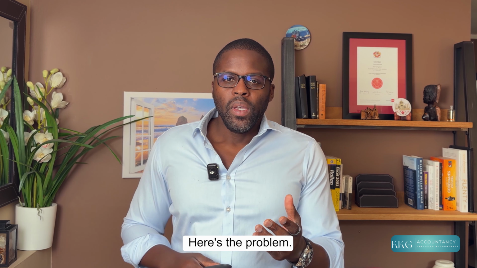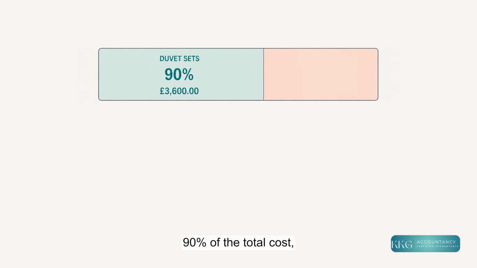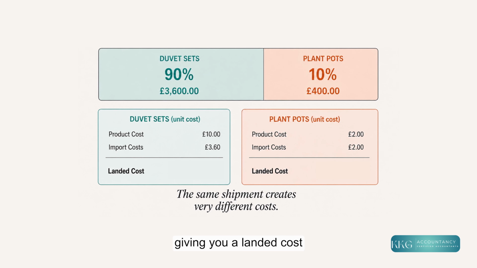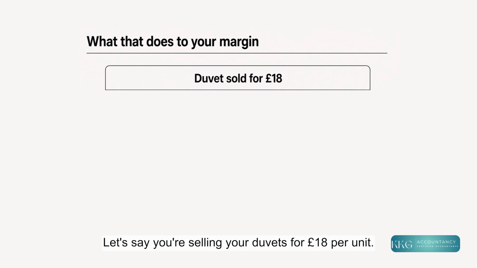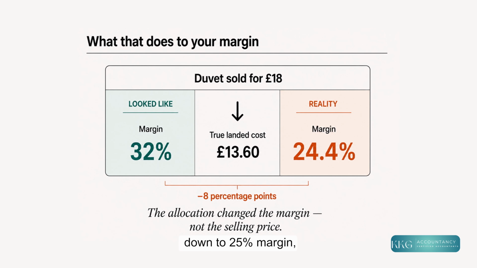Here's the problem. In reality, by virtue of their volume, the duvets take up to 90% of the total cost, giving you a landed cost much closer to a total of £14 for the duvets and £4 for the plant pots. Let's say you sell your duvets for £80 per unit. That's a drop from 32% profit margin down to 25% margin, purely based on the allocation.